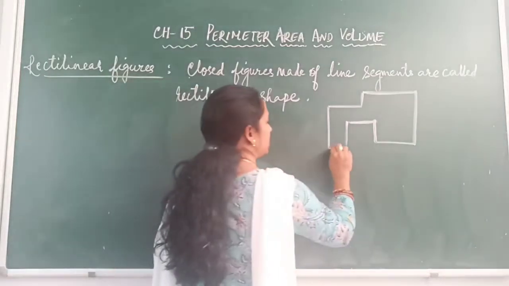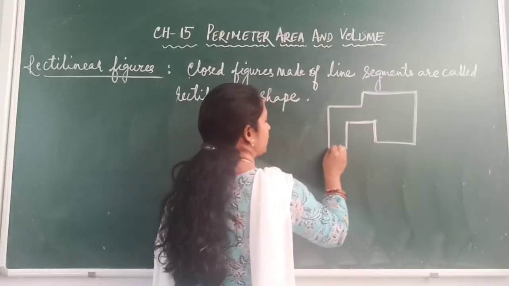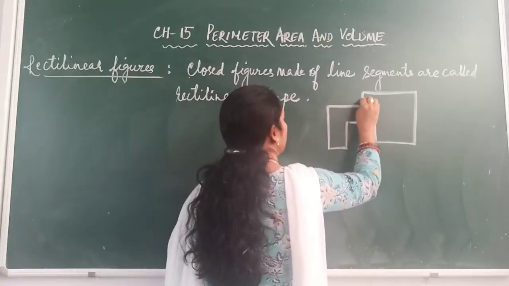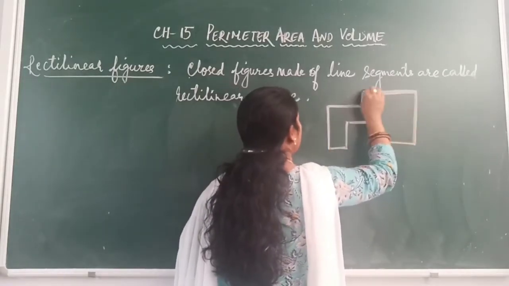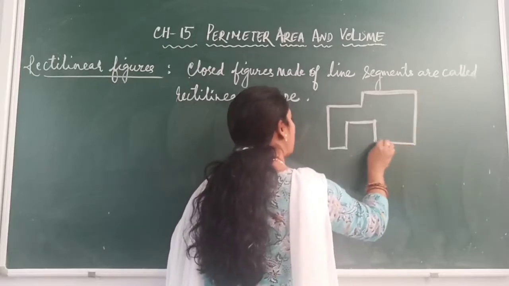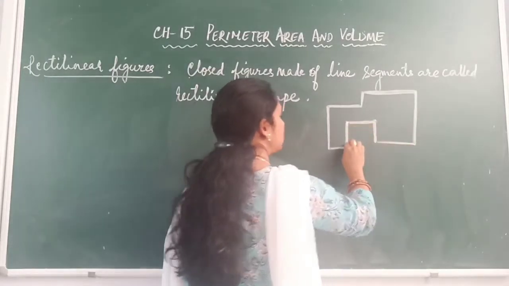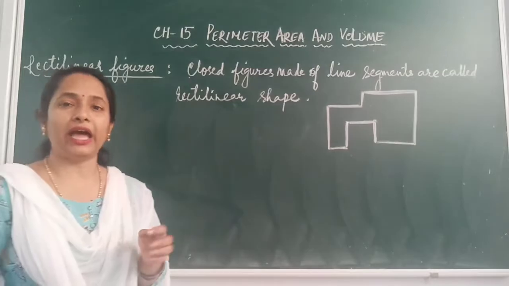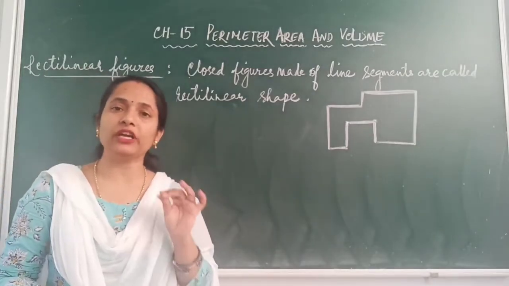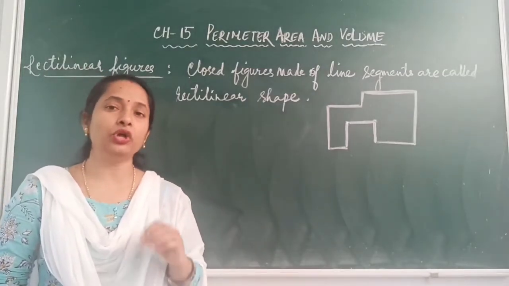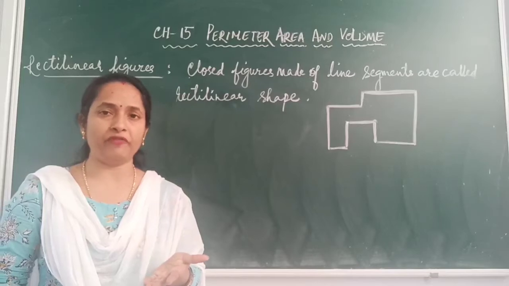The line segments form right angles with each other, then such type of figure will be called as rectilinear figure. So here you can even consider a rectilinear figure as a figure that is a closed figure made up of line segments.